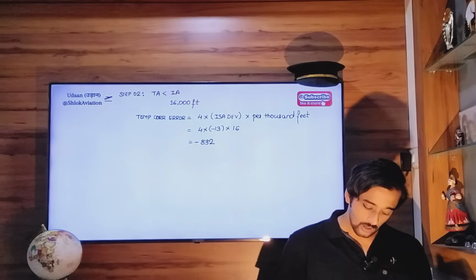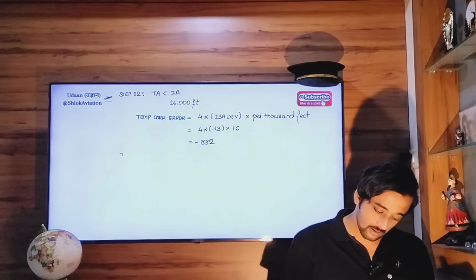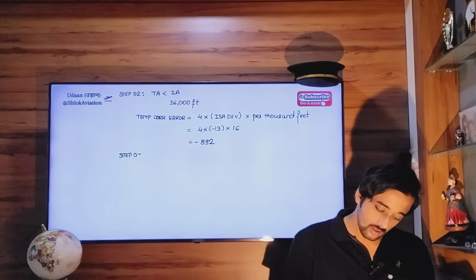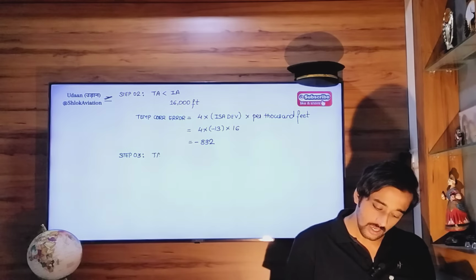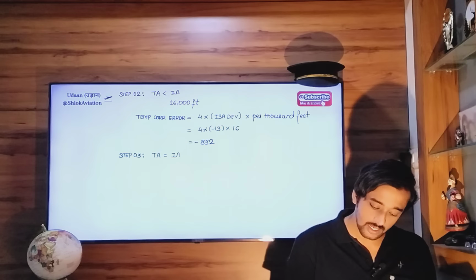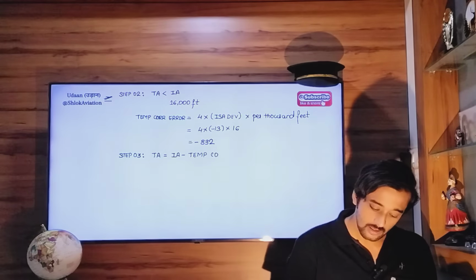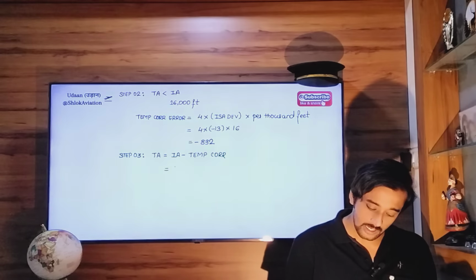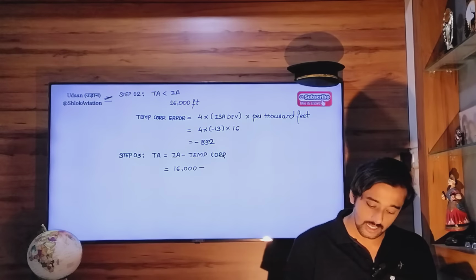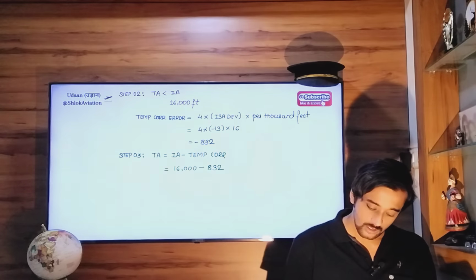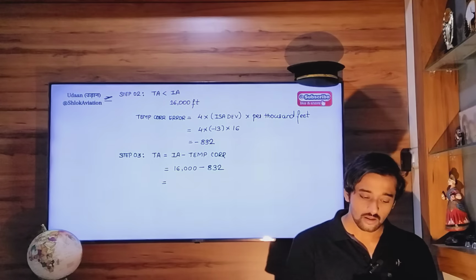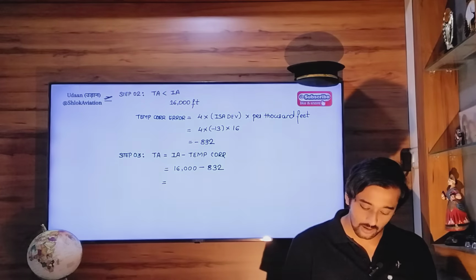Next step, step number 3. True altitude will be indicated altitude minus this temperature correction. So indicated altitude 16,000 minus 832 is 15,168 feet.